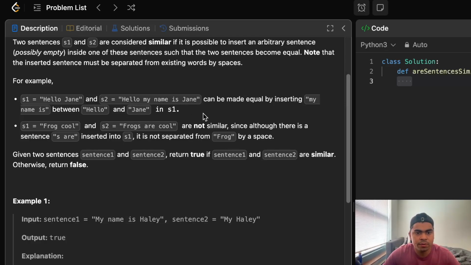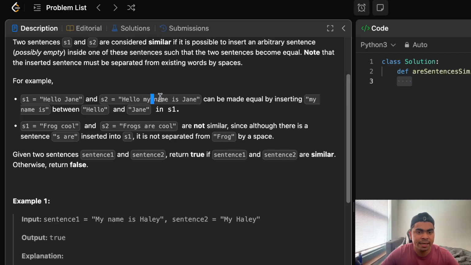If you see over here, sentence 1 is a smaller sentence. Sentence 1 can be converted into sentence 2 by inserting this group of words separated by spaces. So inside S1, "Hello Jane", we have inserted "my name", and that too with a space.